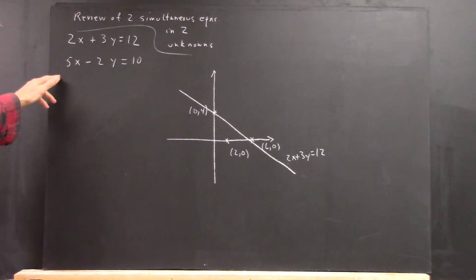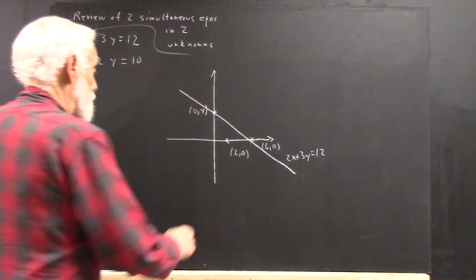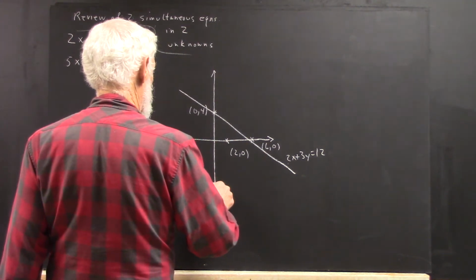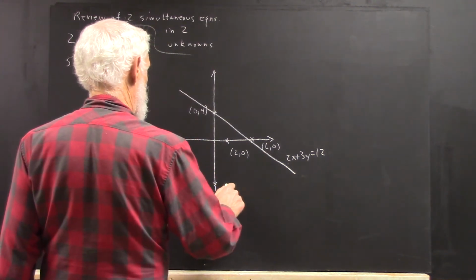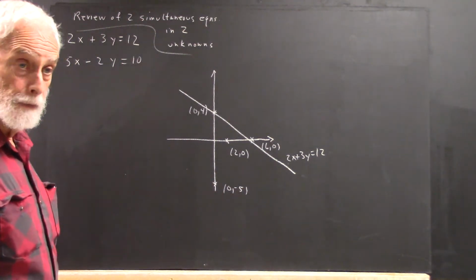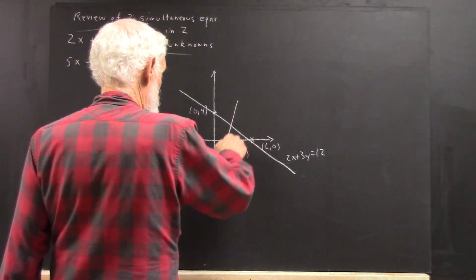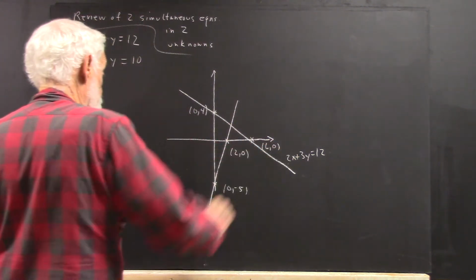Now, if x equals 0, y is going to equal negative 5, so that we have a y-intercept here at 0, negative 5. And now we can sketch a straight line, hopefully through these points. That's a little better than this one was.